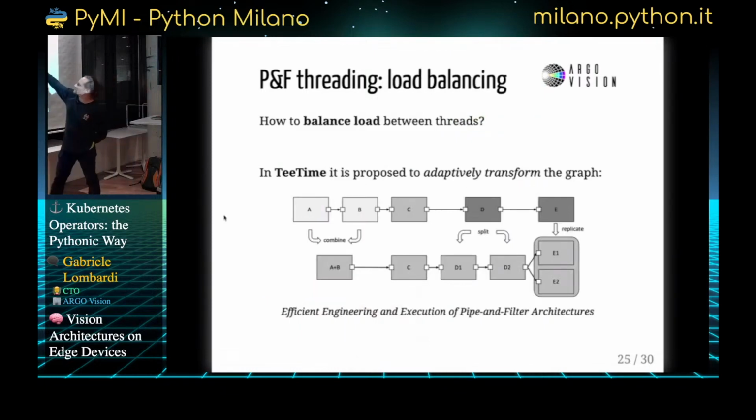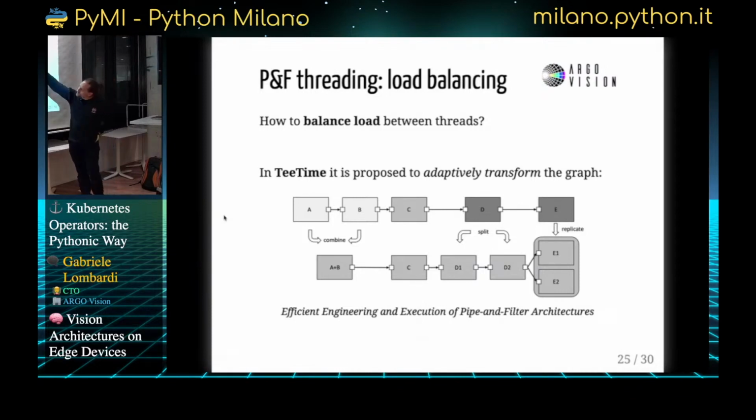We can have blocks that are parallel. What is another issue we will face? The fact that these threads can be unbalanced. So we can have threads that are faster because the algorithms are simpler, and some threads that are the real bottlenecks of our pipeline.